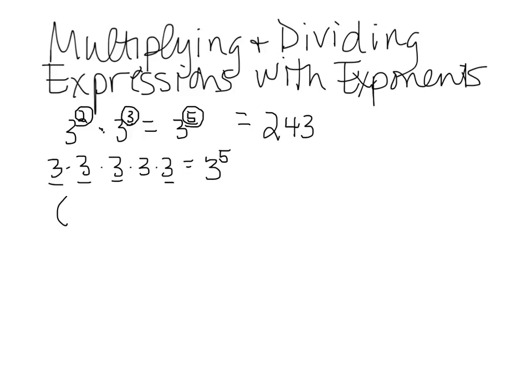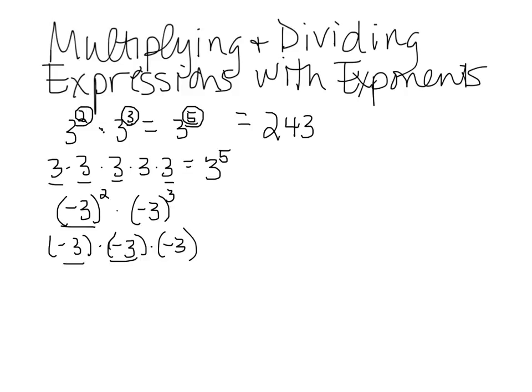Similarly, if I have negative 3 to the second power times negative 3 to the third power, the same thing holds true. I could expand it, write it accordion style, and if I take the time to do all that, the first one is negative 3 times negative 3, and then I've got negative 3, negative 3, negative 3.